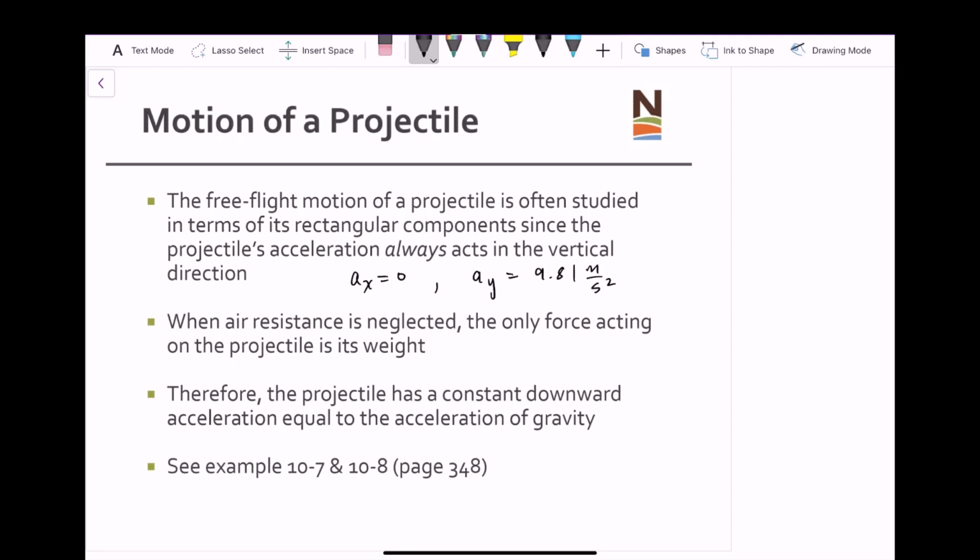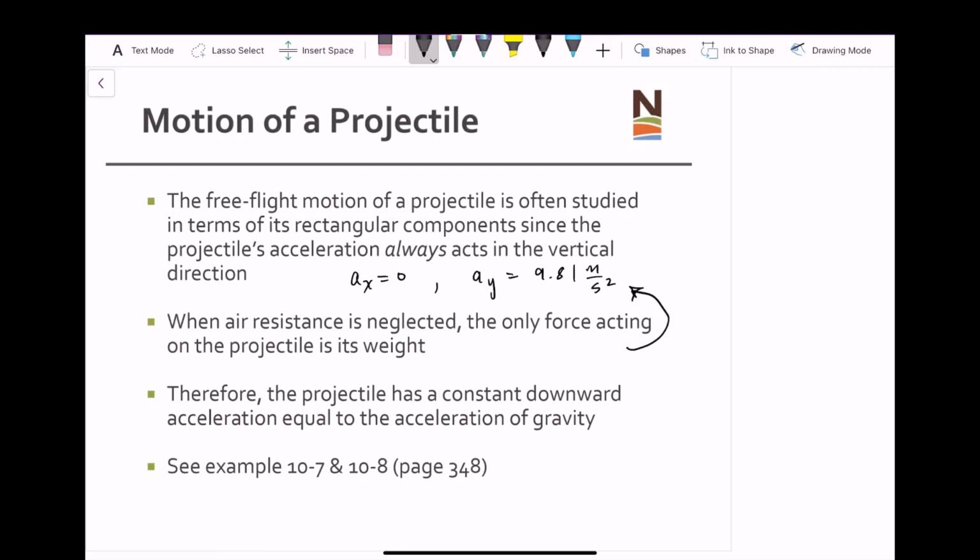When air resistance is neglected, the only force acting on the projectile is its weight. And again, that is due to that acceleration right there. Therefore, the projectile has a constant downward acceleration equal to the acceleration of gravity.